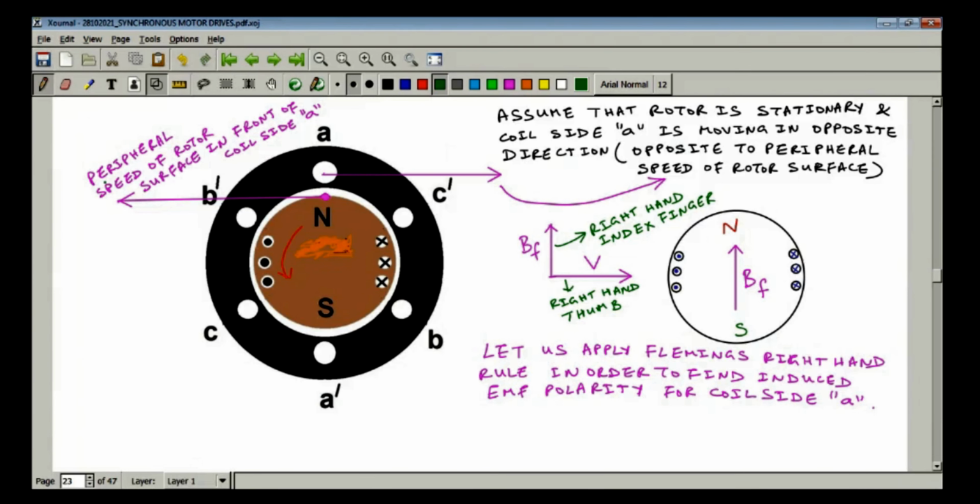Align the right hand thumb along the velocity vector v, and right hand index finger along the direction of magnetic lines of flux. So the middle finger will point out of the screen.